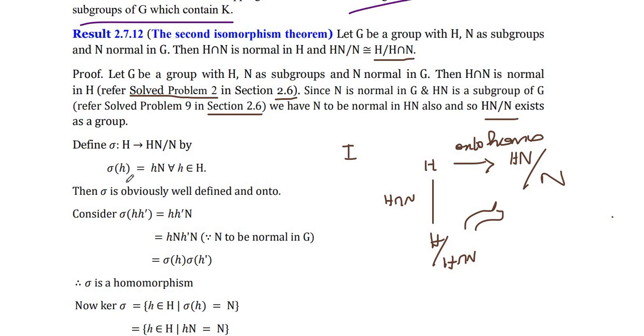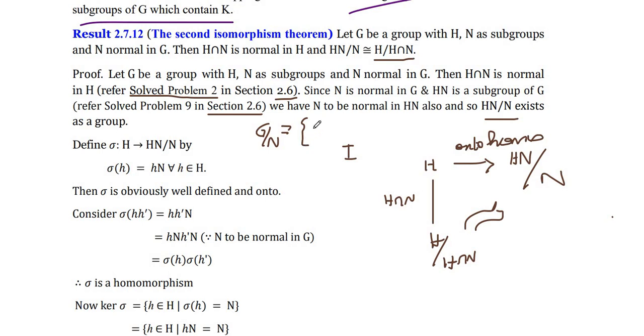Once I consider h, you have this left coset. See, if you consider G mod N, in that we have the elements either in left coset representation or right coset representation.